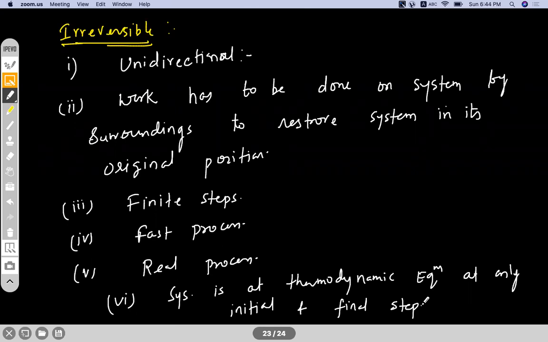And that's why PV = nRT we can apply only at the initial and final step.